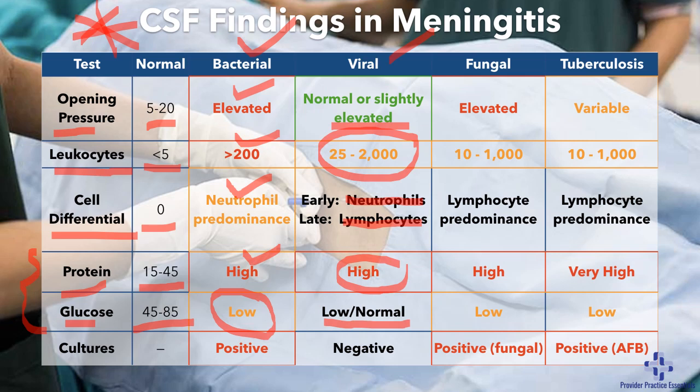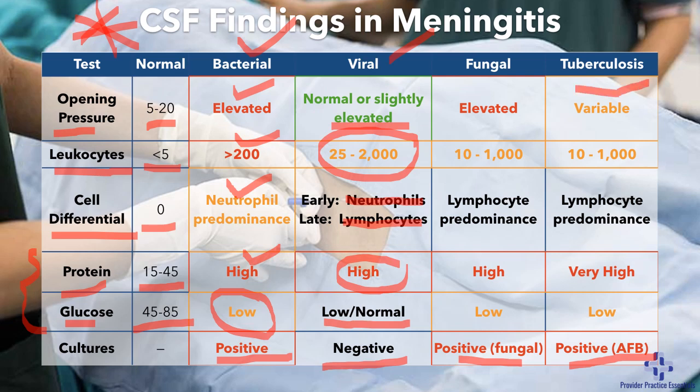Next is cultures. In bacterial meningitis it shows positive and in viral meningitis it shows negative. In fungal meningitis the culture shows positive for fungus, and in tuberculosis the culture shows positive for AFB, acid-fast bacilli. Bacterial and viral are important.